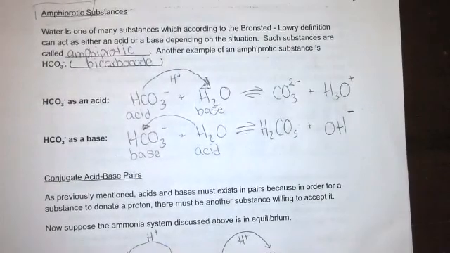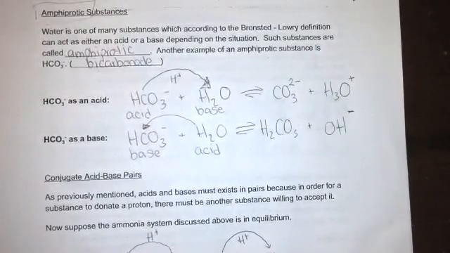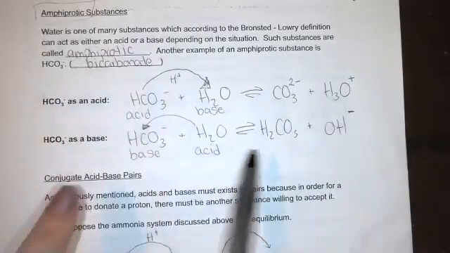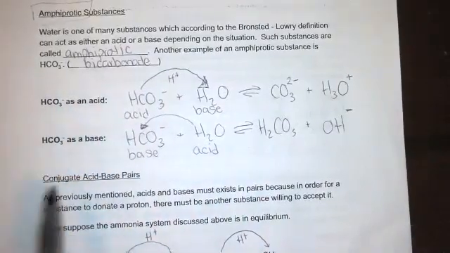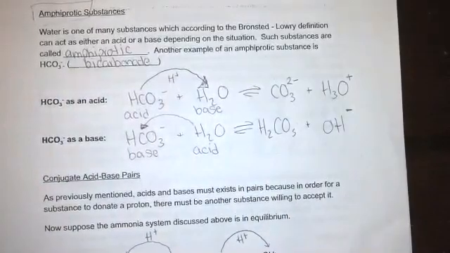So that's what we call amphiprotic. They can either be an acid or a base. So one common amphiprotic substance is our bicarbonate ion. So I've drawn here what happens when we take the exact same ion, react it with water, but in one instance it's an acid and in one instance it's a base.